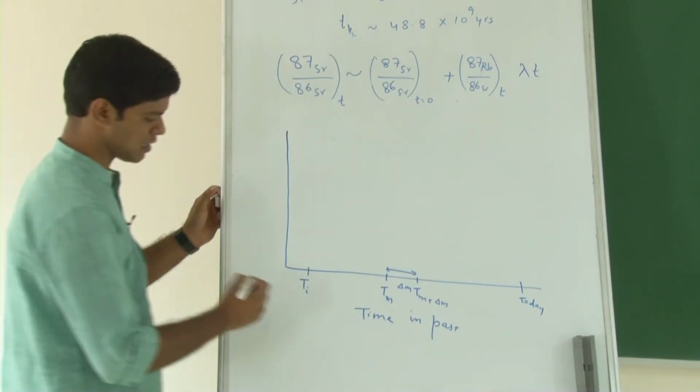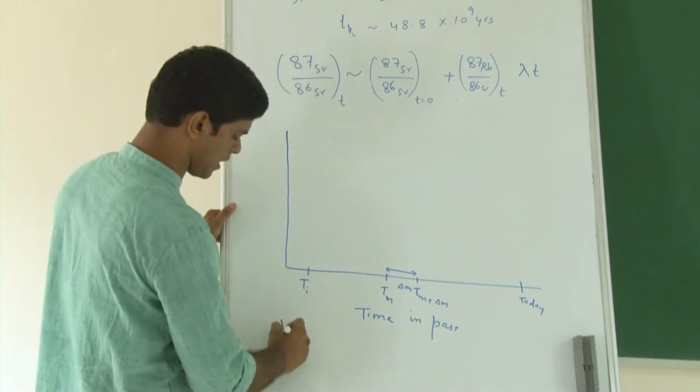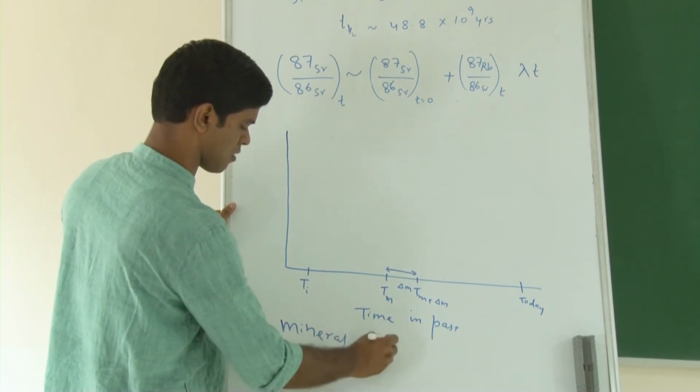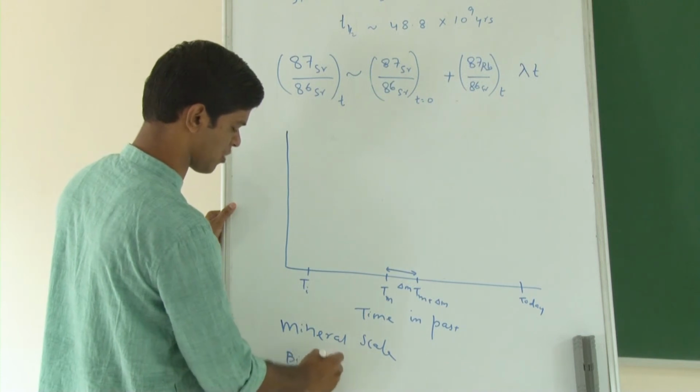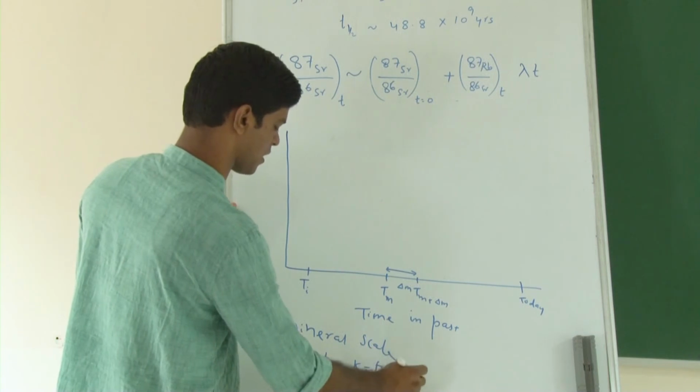Let us say the metamorphism was intense enough to make mineral scale changes, like it could change the rubidium strontium system for biotites and feldspars and let us say apatite.